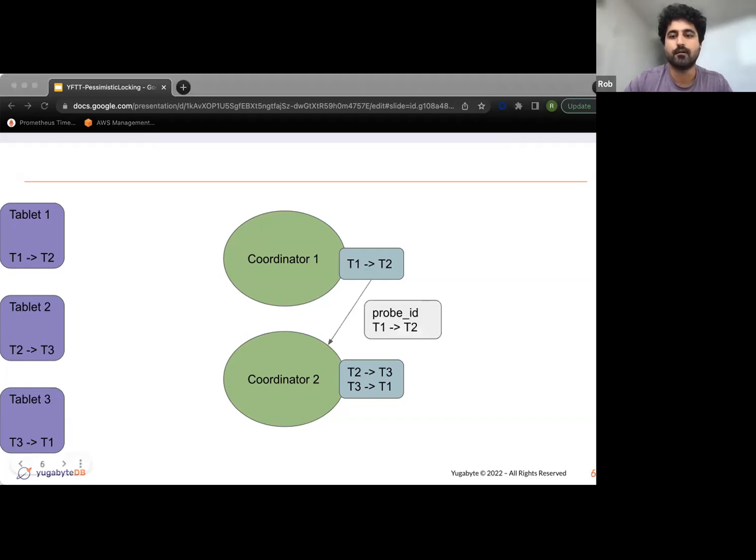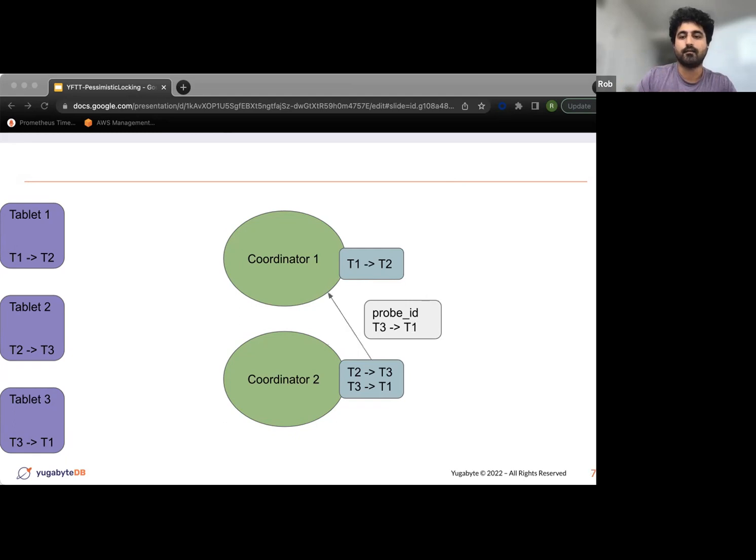So now, just looking from the perspective of transaction 1, coordinator 1 will drive what's called a probe from transaction 1 down through the wait-for graph. Coordinator 1 sees transaction 1 is waiting on transaction 2 and knows that transaction 2 is managed by coordinator 2, so it sends a probe with a unique ID to coordinator 2. Coordinator 2 sees, okay, I know T2 is waiting on T3, and I also know T3 is waiting on T1.